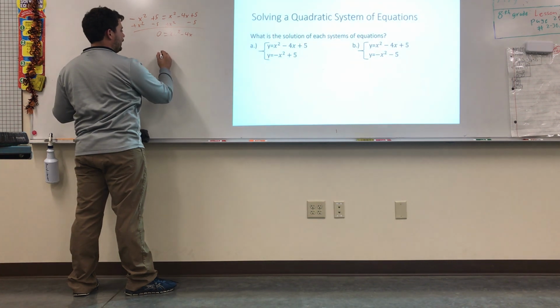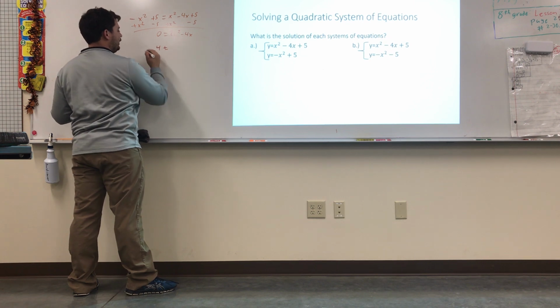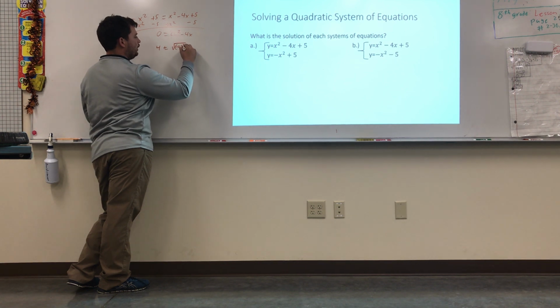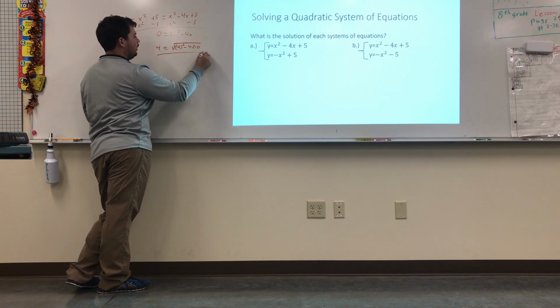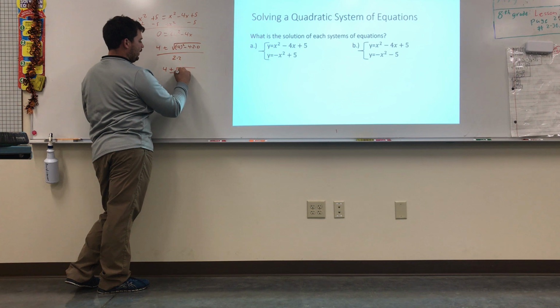Okay, that going into my quadratic equation, I'm going to get, once again, positive 4 because of the fact this is a minus and a minus. Square root, negative 4 squared, minus 4 times 2 times 0 over 2 times 2. So we're going to get 4 plus or minus the square root of 16 minus 0.